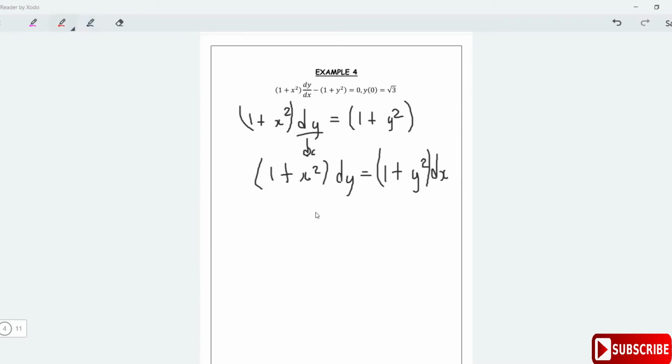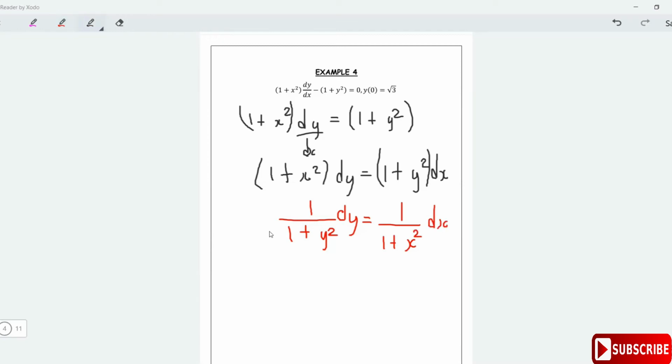That will end up giving us 1 over (1 plus y squared) dy is equal to 1 over (1 plus x squared) dx.